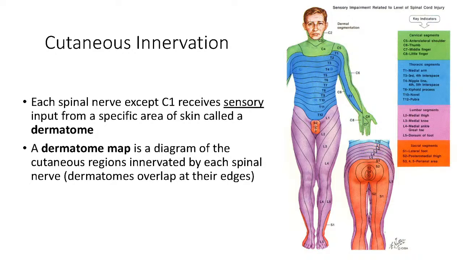A dermatome is a region of skin that is innervated by a single spinal nerve pair. And we can use this map to actually determine nerve function, which is pretty cool. So you can see this region in the upper chest is innervated by spinal nerve C4. Of course, this region is going to be innervated by the left C4 spinal nerve, this region by the right spinal nerve C4.